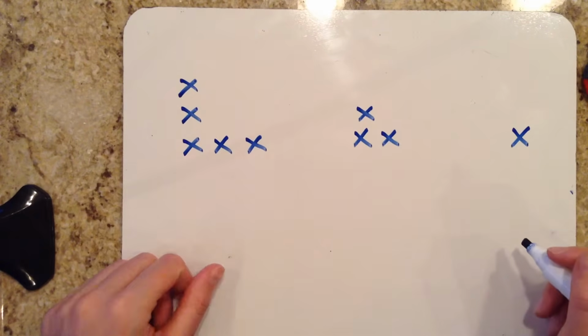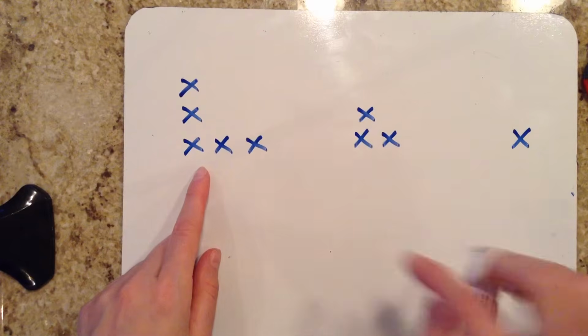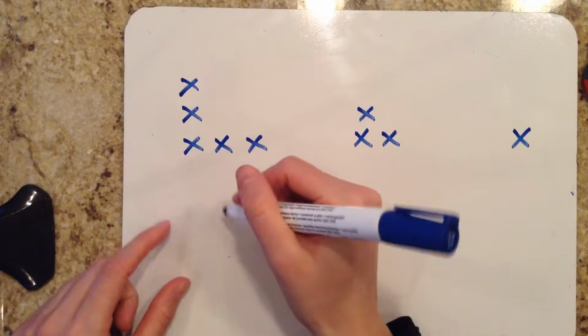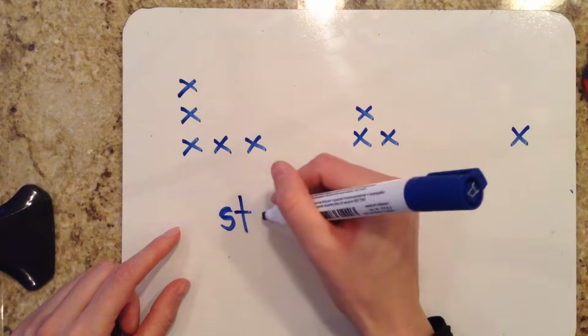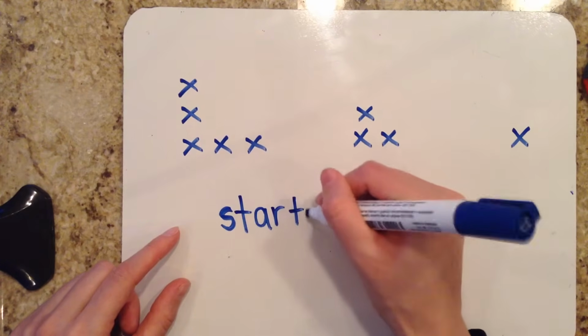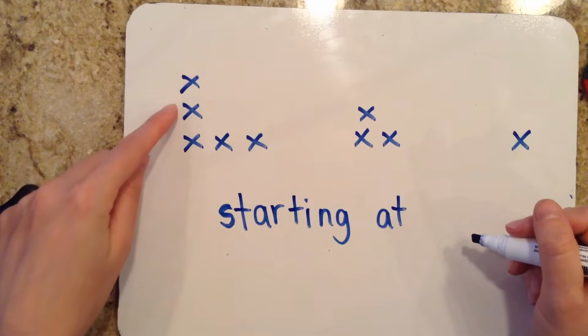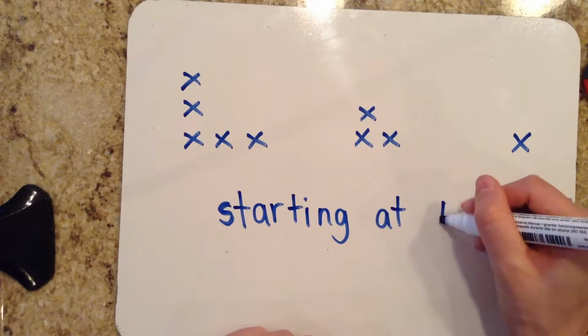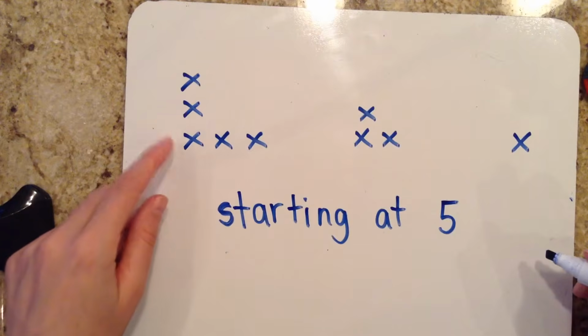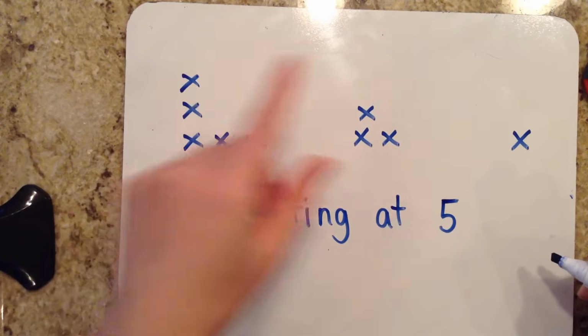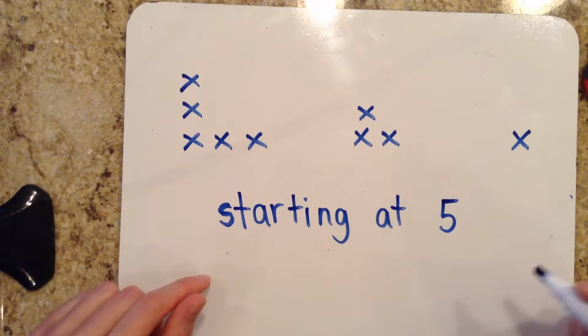Take a look. It's definitely a decreasing pattern because I'm getting smaller. I can start by putting what I start at. Starting at 1, 2, 3, 4, 5. Starting at 5, now I have to figure out how many I'm taking away every time I get to the next term.